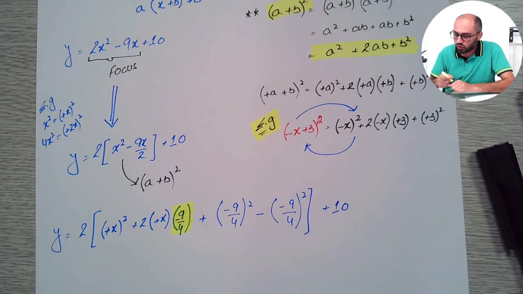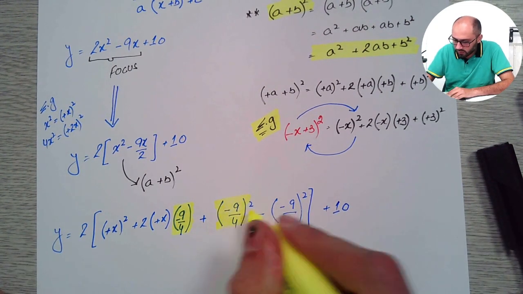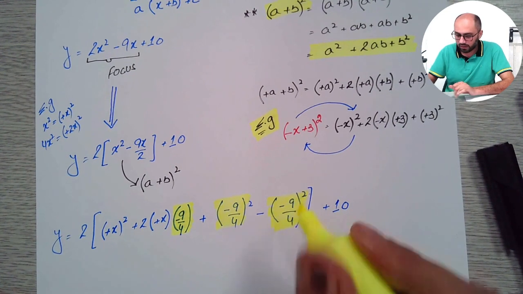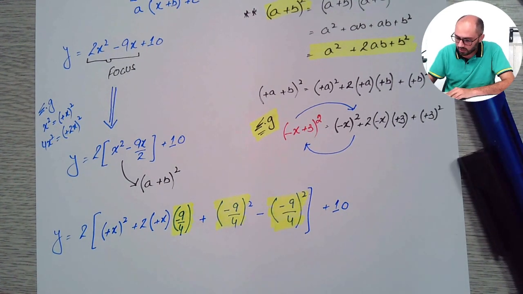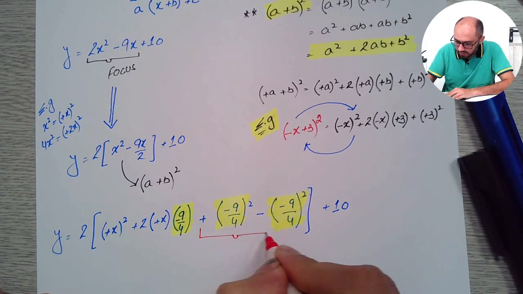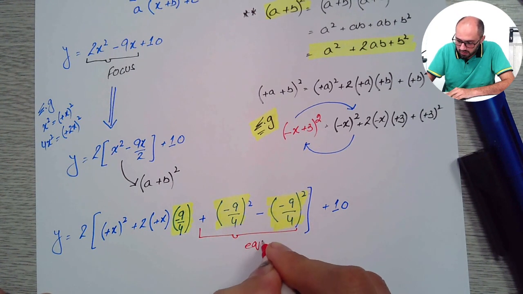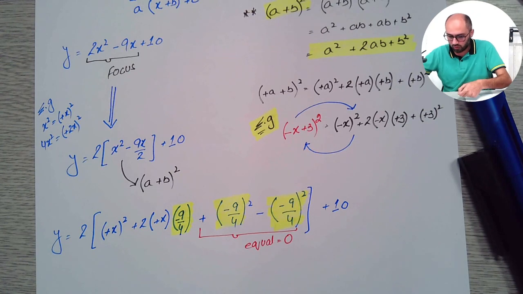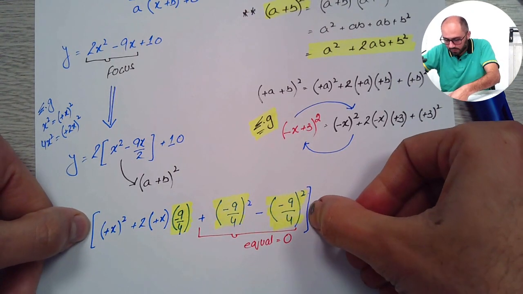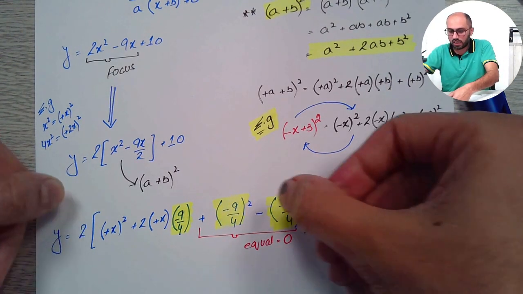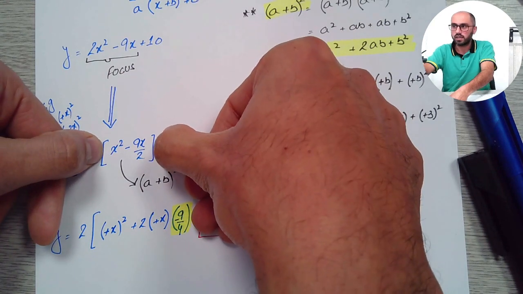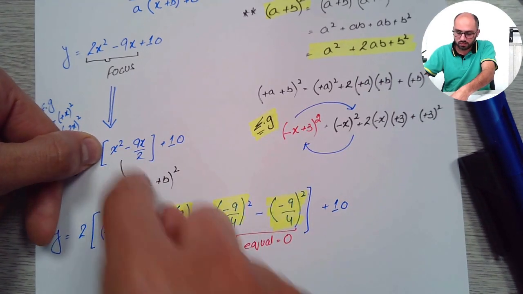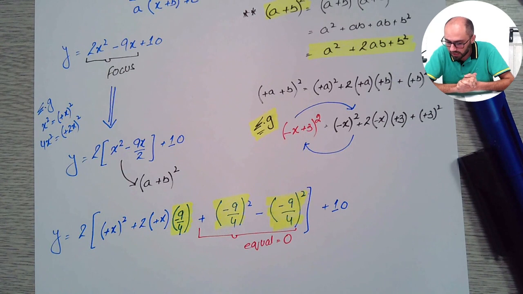Now, I do want you to pay attention here, because if you pay attention to it, you will have noticed by now that this is basically equal to 0. So everything in this bracket is exactly the same as everything in this bracket. So these two expressions are exactly the same.